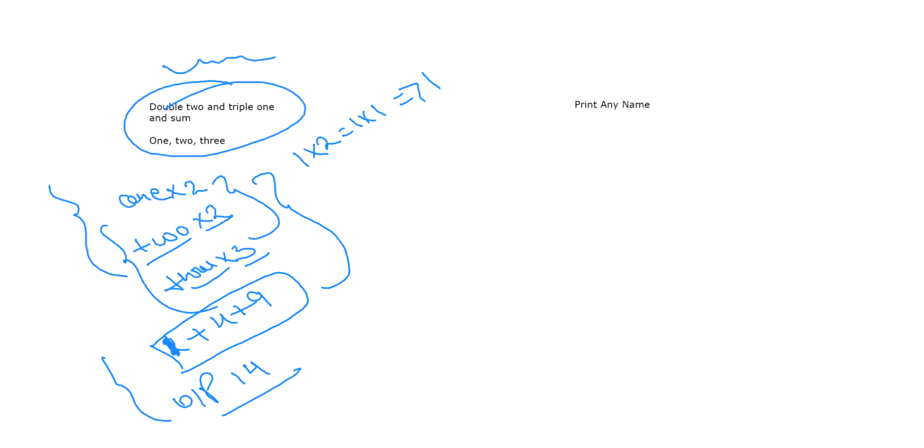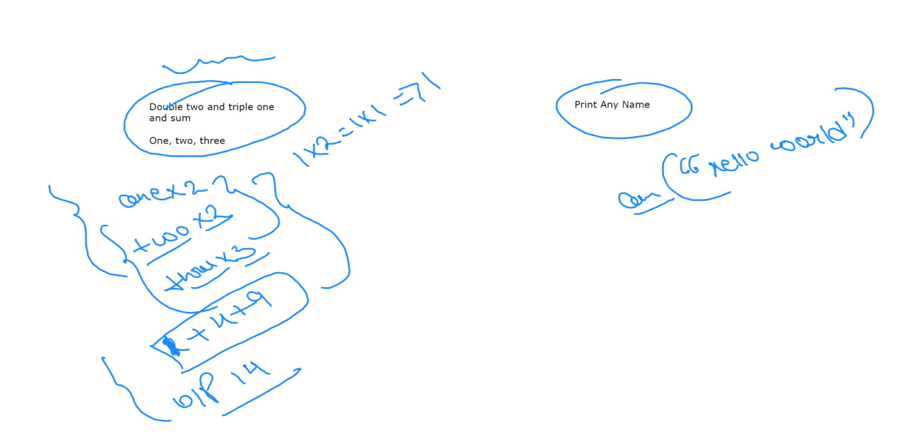After that, you can write bigger JavaScript code. Print any name. Yesterday I gave you the example hello world. How do you print that? You just write console.log, and inside the inverted commas you can write anything you want.